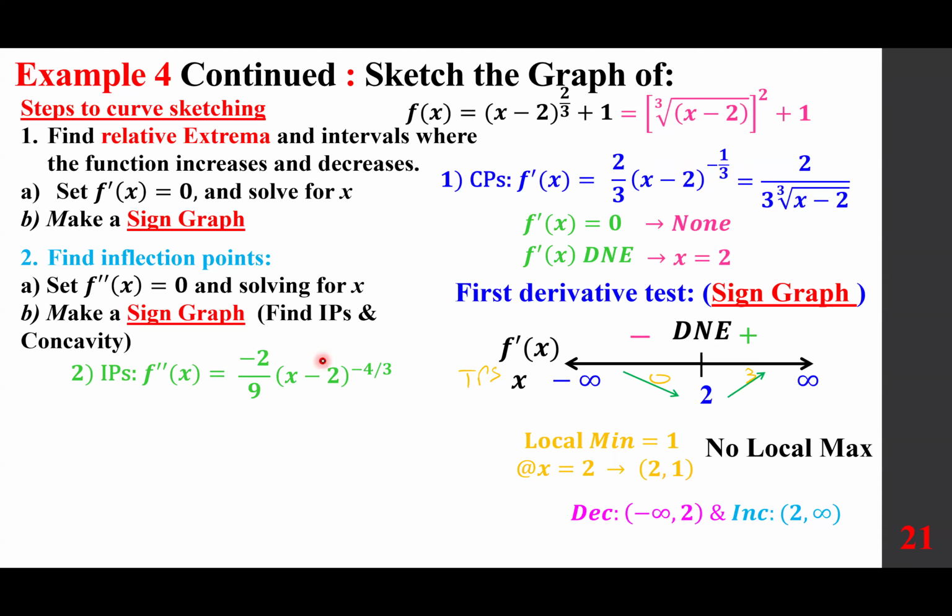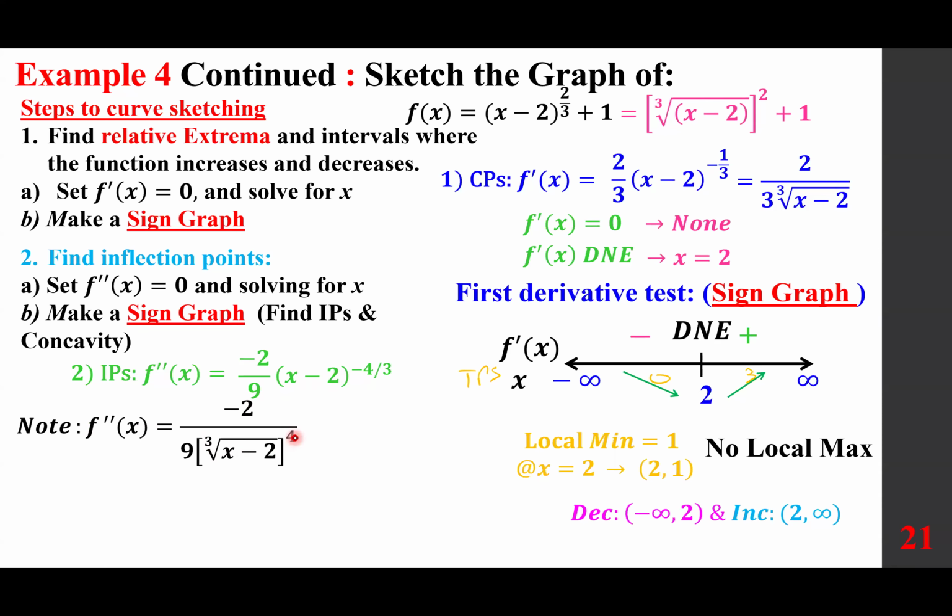My assumption is we have no problem differentiating. So negative 2 over 9, (x minus 2) to the power of negative 4/3. We're going to rewrite this by taking this down to the denominator and raising it to the power of positive 4/3, so f double prime is minus 2 over 9 times the cube root of (x minus 2) to the power of 4.